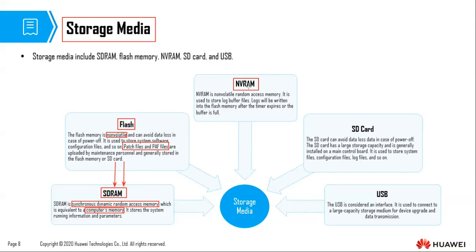Now, the NVRAM is called NV because it's non-volatile. Non-volatile, as I've said earlier, means it cannot lose content when there's no power. What I didn't mention about SDRAM is that it is volatile, meaning that it will lose content in case power goes out. The NVRAM is used to store the log buffer files.